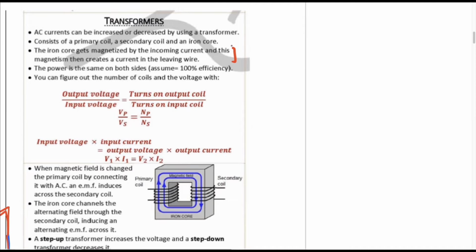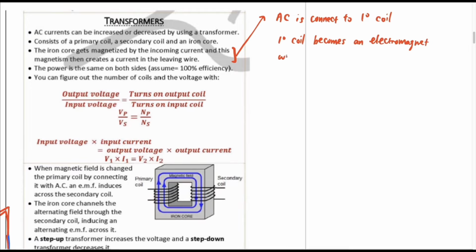First of all, alternating current is connected to the primary coil. Then you should expect the current to keep changing direction. So what happens is the primary coil becomes an electromagnet with changing poles.